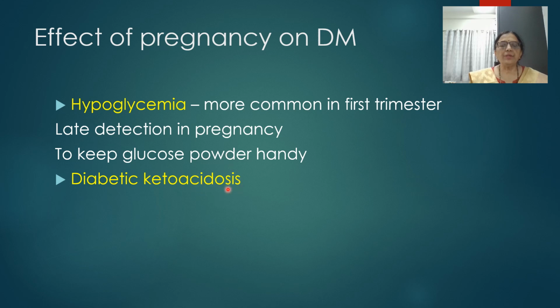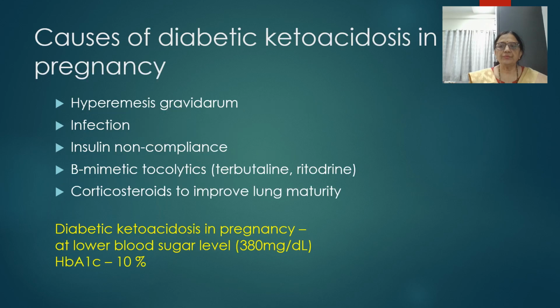A third effect of pregnancy on diabetes is increased risk of diabetic ketoacidosis during pregnancy. Causes of diabetic ketoacidosis in pregnancy are hyperemesis gravidarum.